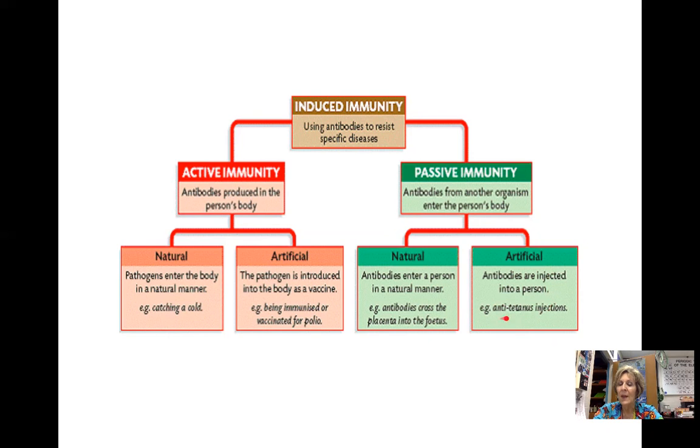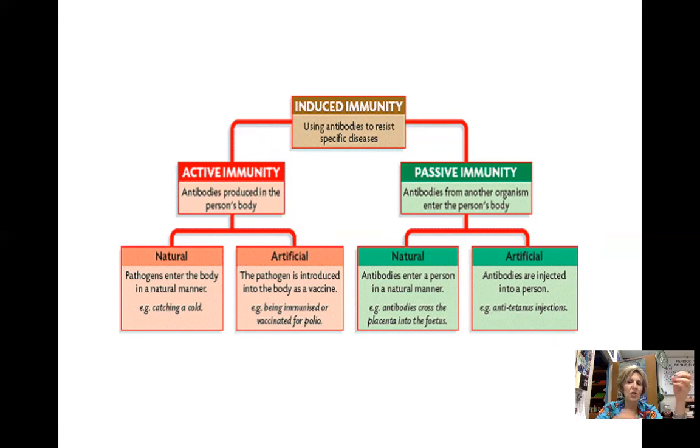So if you got an anti-tetanus vaccination, you actually got antibodies that were made in a laboratory and injected into you so that you actually have the antibodies to tetanus in your body, which is good, so you won't get tetanus.